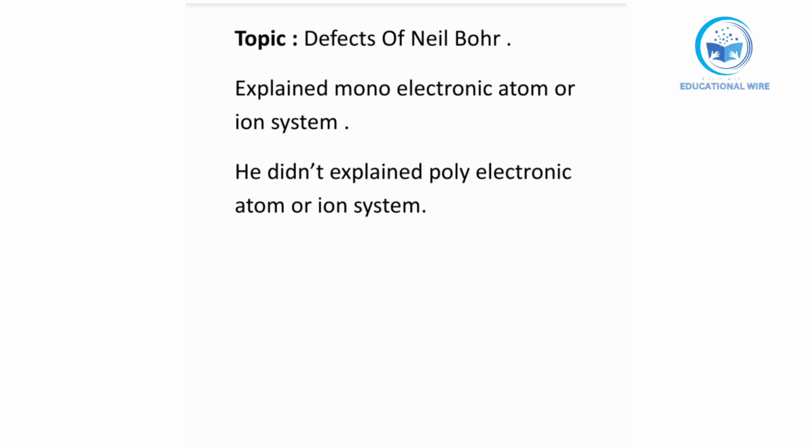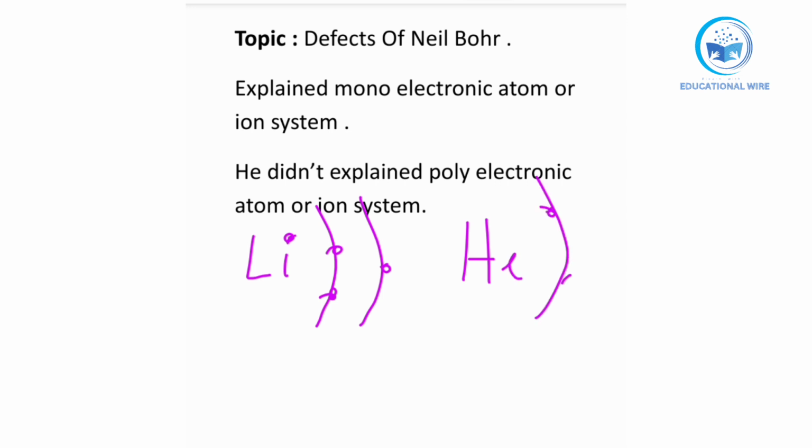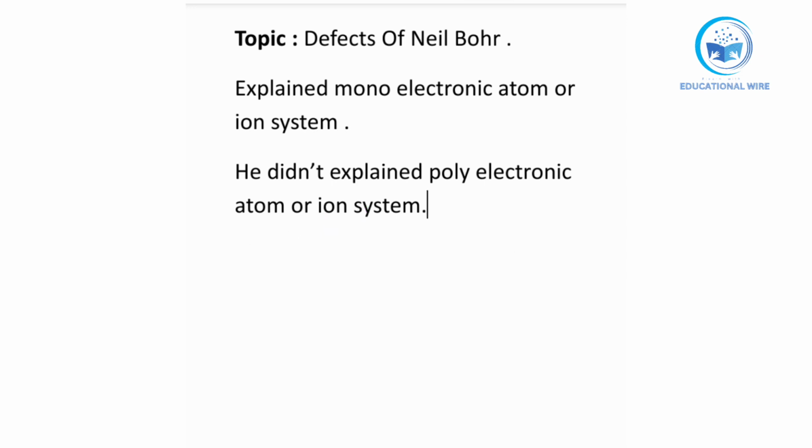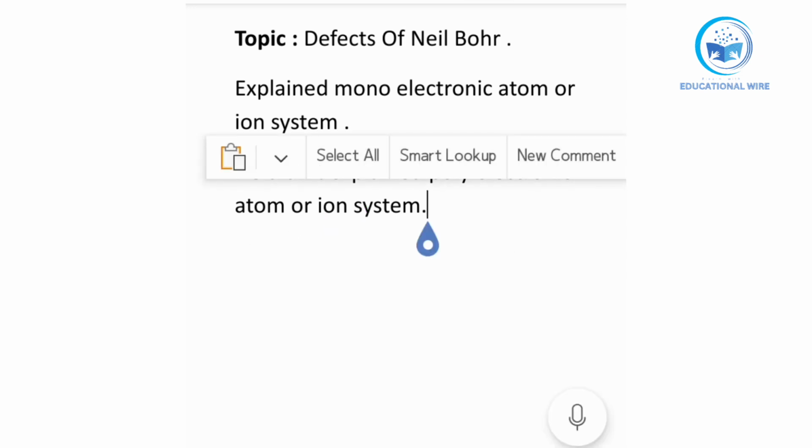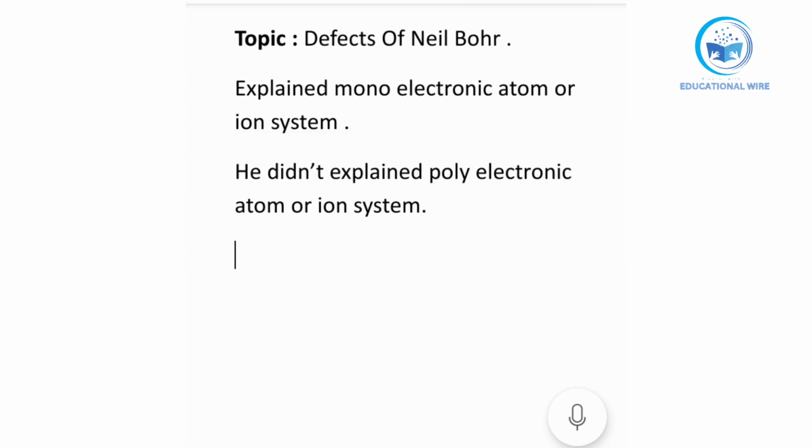Like in lithium, if it's not losing its electron, there are three electrons in lithium. But he just explained about one electron, like monoelectron. Helium has two. So that's why he failed in this one. The first drawback of Neil Bohr is that he didn't explain about the polyelectronic atom or ion system. After that, move to next.